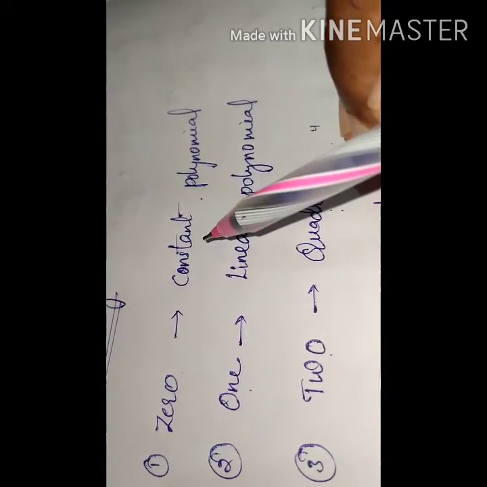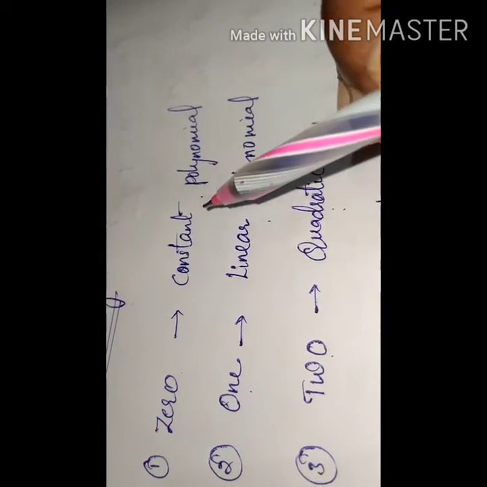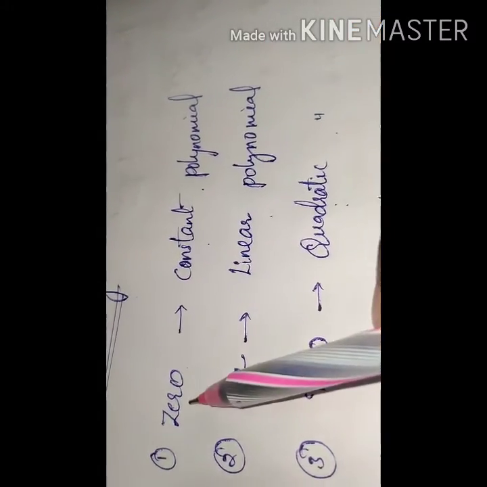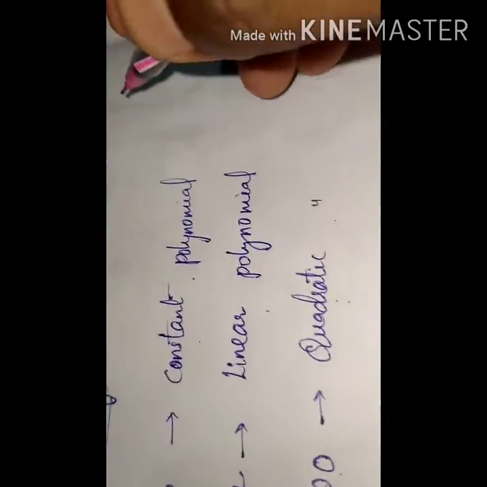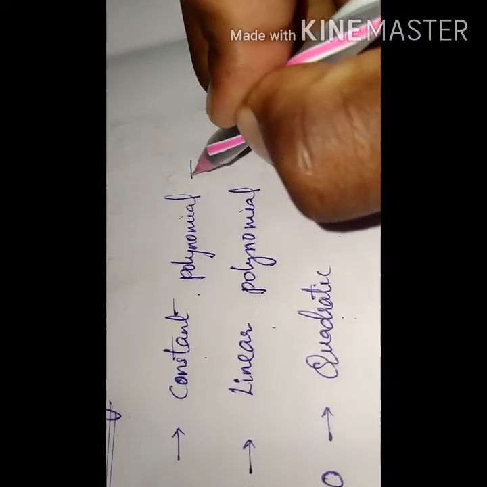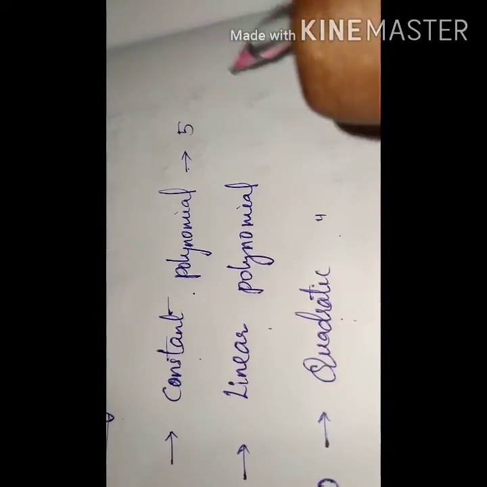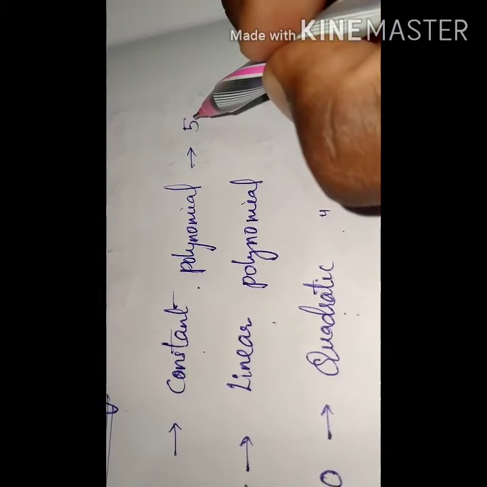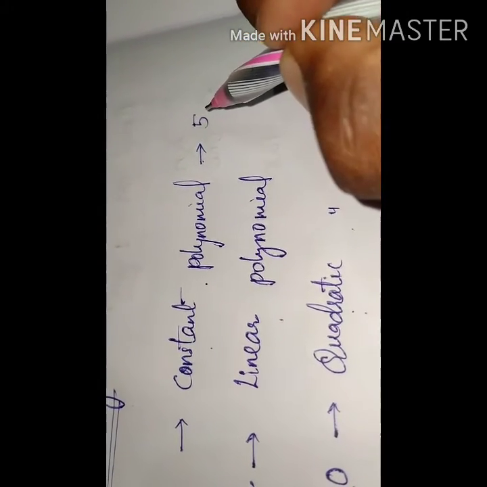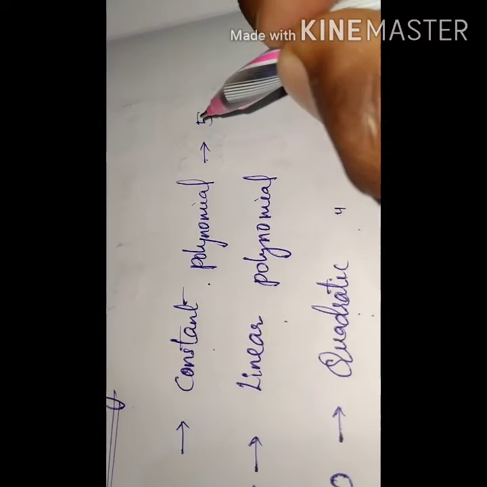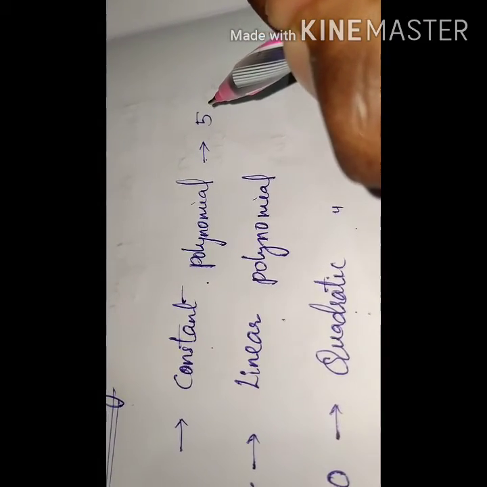First one, constant polynomial. Constant polynomial is what? The degree is 0. See, when the degree is 0, let us take an example, 5. So it is a numerical expression, but although it is a numerical expression, it may be considered as an algebraic expression.